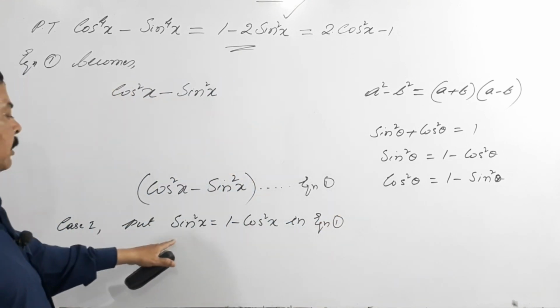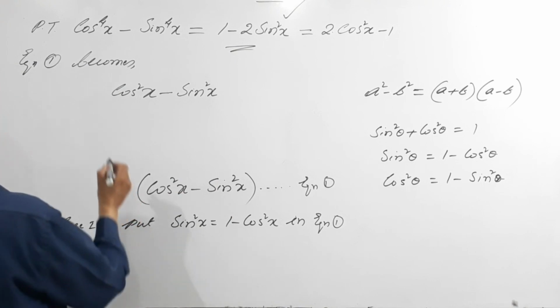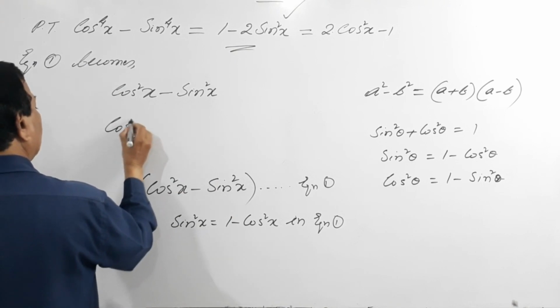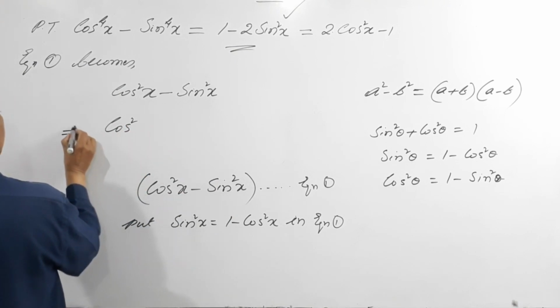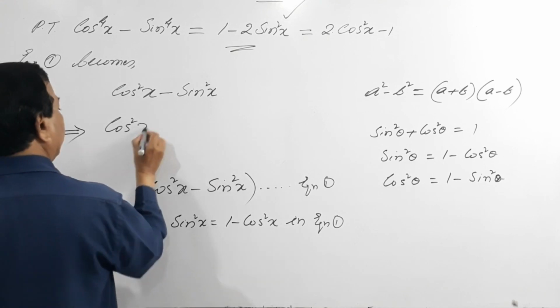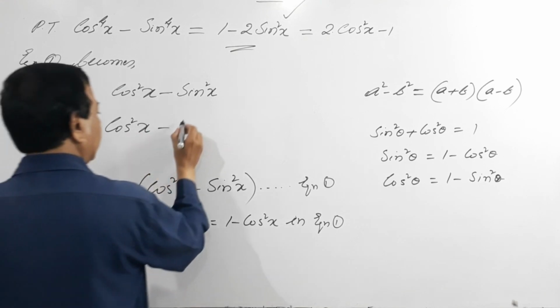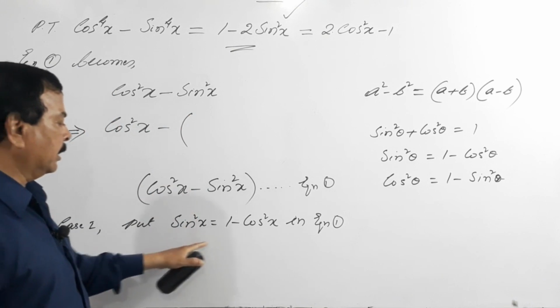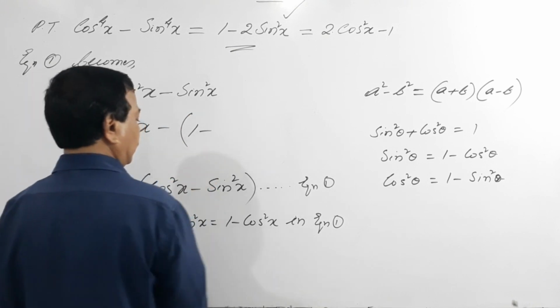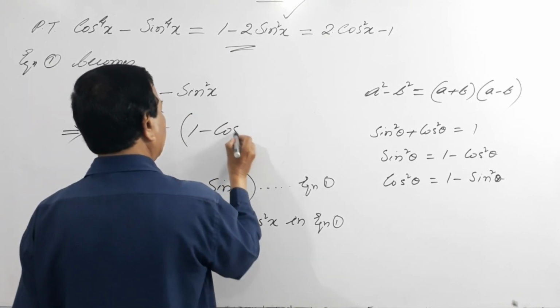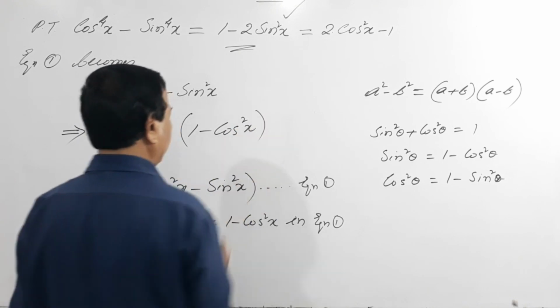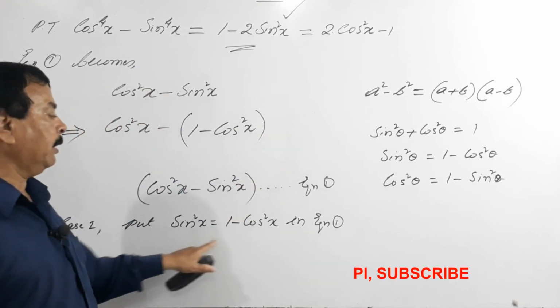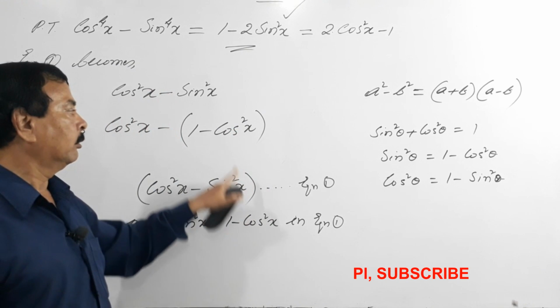So sin square जो आएगा तो क्या करूँगा मैं इसको, that is equals to what? That is cos square x minus bracket डालो, what is sin square? 1 minus cos square x. क्योंकि हमने sin स्क्वायर की जगह पे 1 माइनस cos स्क्वायर डालना चाहिए तो डाल दिया.